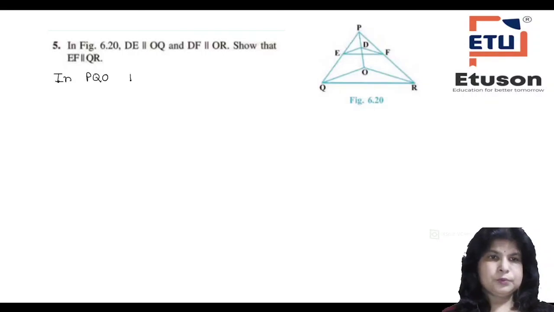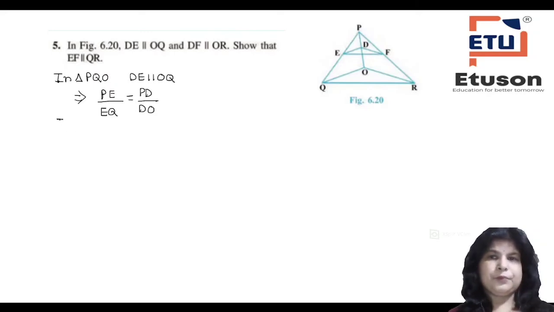In triangle PQO, DE is parallel to OQ. It implies your PE by EQ is equal to PD by DO. Correct or not?